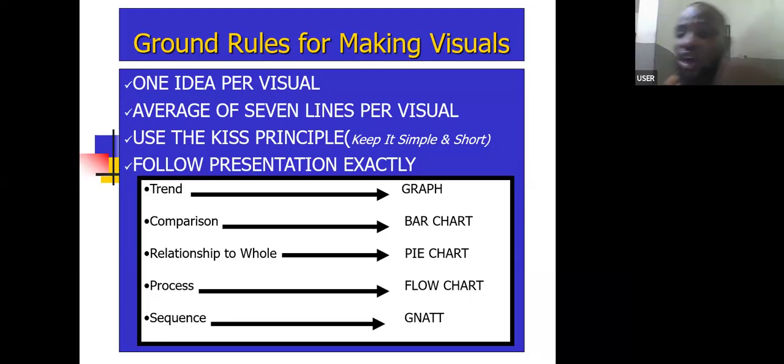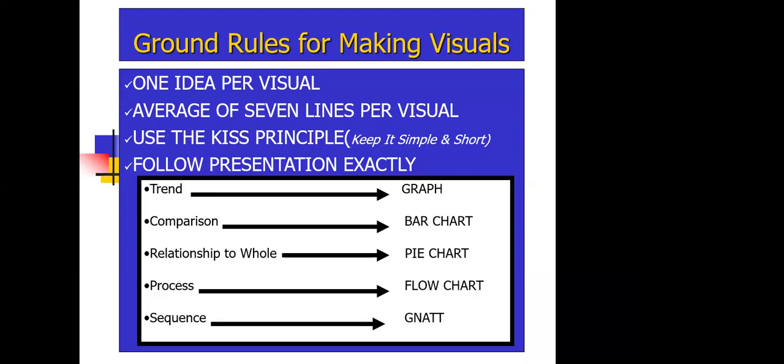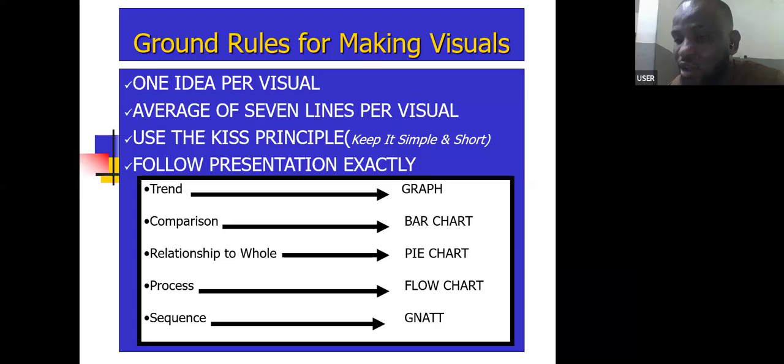All those are your statistical tools. Those graphs are visuals. If you're doing a presentation that is statistically inclined, the kind of visuals you are expected to show are graphs, bar charts, pie charts, flow charts, Gantt charts.